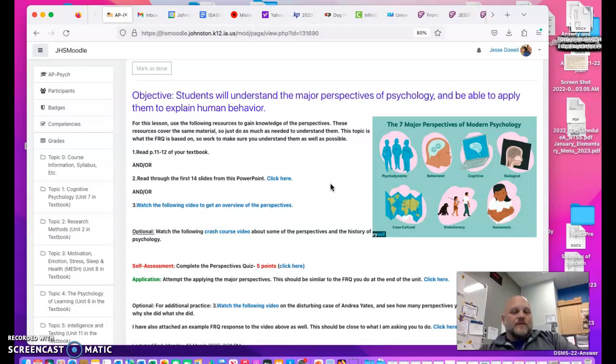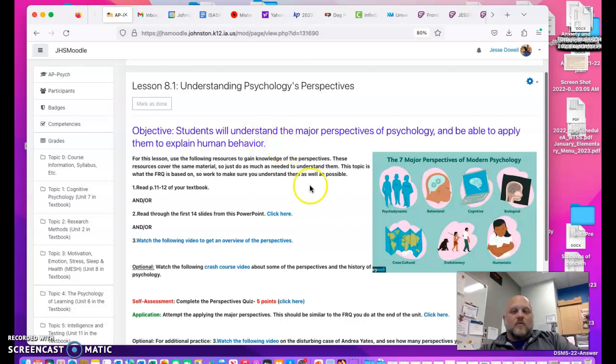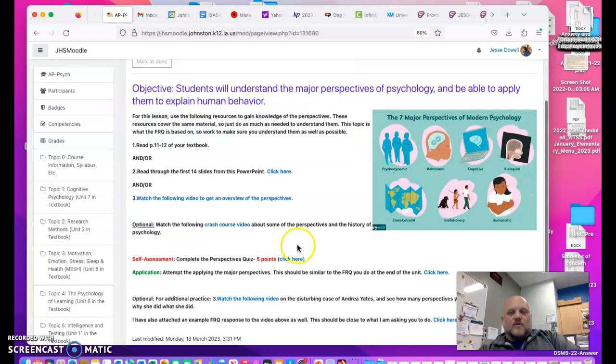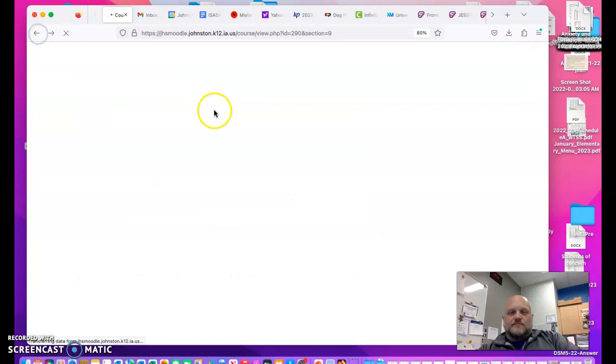I can point them to, hey, go to lesson 8.1. If you do number 1, number 2, and check out the video, they can stay caught up fairly well, and then they can check in with me if they have questions. It's not quite as good as being in class, but they don't completely miss all of the instruction.